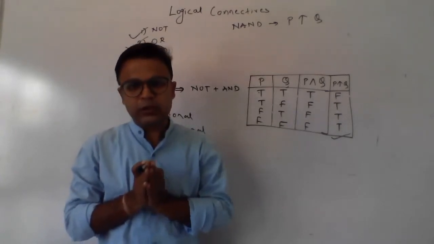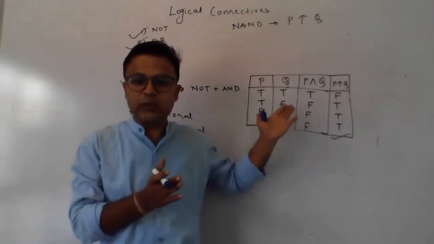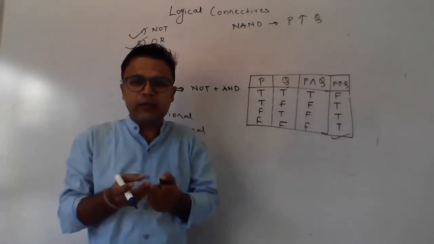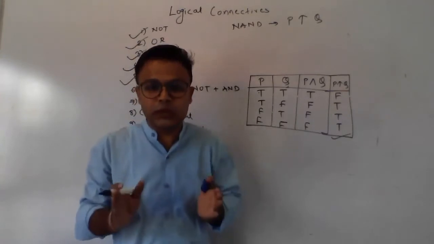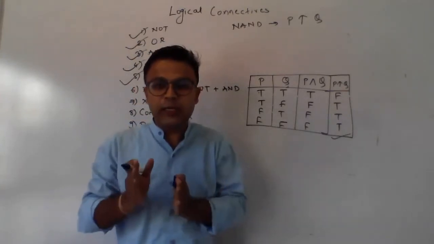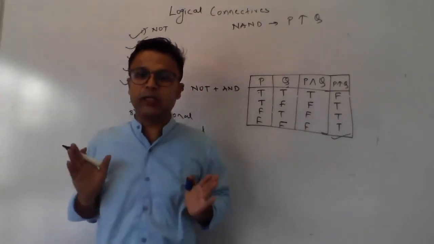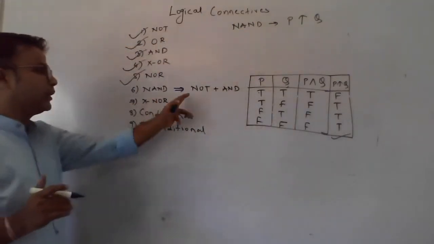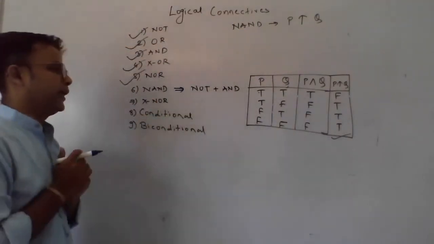The simpler way to find the truth table is to remember the truth table of AND. In AND, only when all the operands are true is it true, otherwise it is false. And the negation of AND is nothing but NAND. That's it. So this is about NAND, that is NOT plus AND.